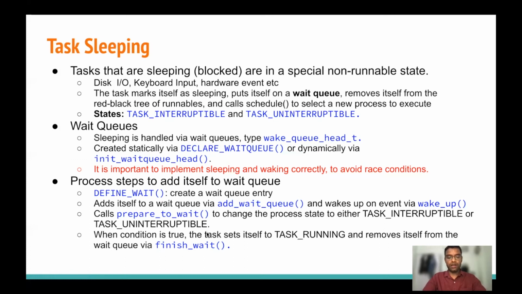When the event occurs, that code will call the wake up function to wake up the waiting process. Then that process sets itself to task running state, and removes itself from the wait queue with the help of the finish wait function.